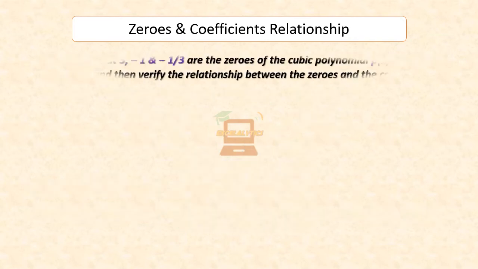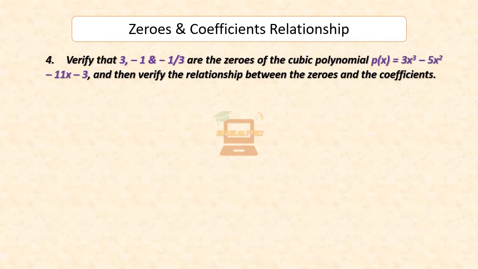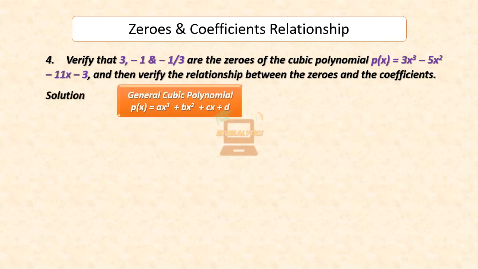Verify that 3, minus 1, and minus 1 by 3 are the zeros of the cubic polynomial p of x equals 3 times x cubed minus 5 times x squared minus 11 times x minus 3, and then verify the relationship between the zeros and the coefficients. The general form of a cubic polynomial is a times x cubed plus b times x squared plus c times x plus d.